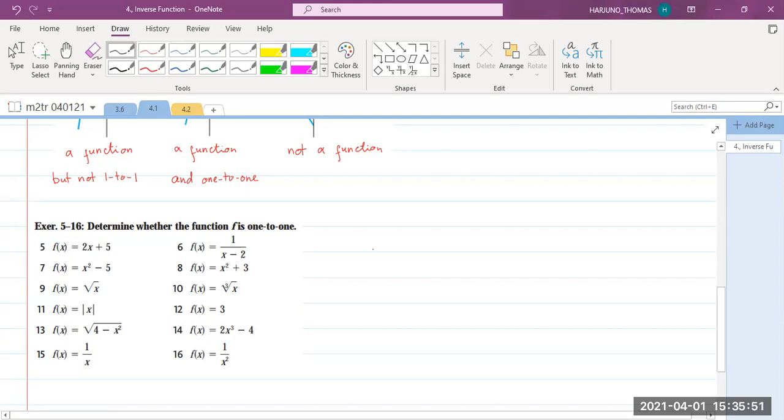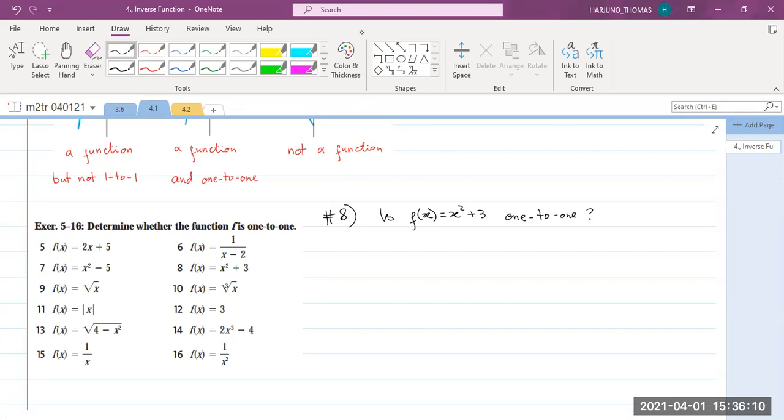For example, maybe number 8 first. Is f(x) = x squared plus 3 one-to-one? The way we think about that is you first need to decide: is it one-to-one or not? From the sketch of the graph, we know that it is not one-to-one, right?